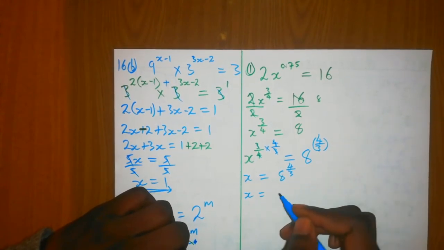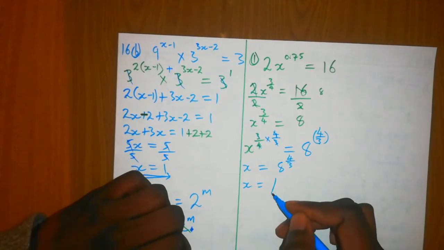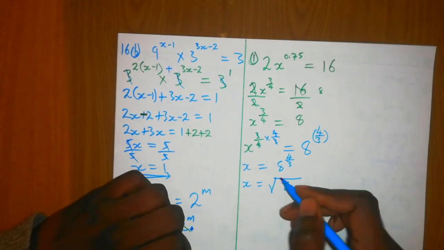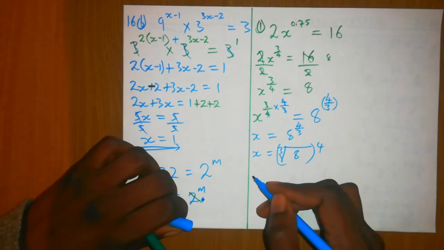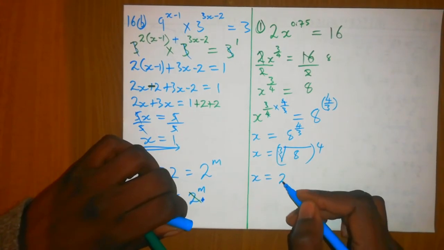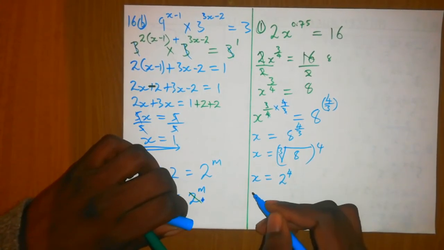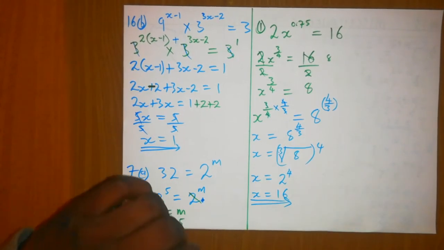Then I apply my basic laws of indices there: 8 to the power 1/3 is 2, then to the power 4. Then x is equal to 16. That is our final answer.